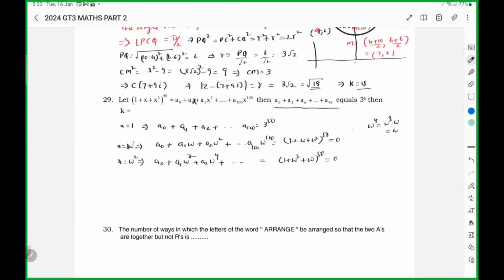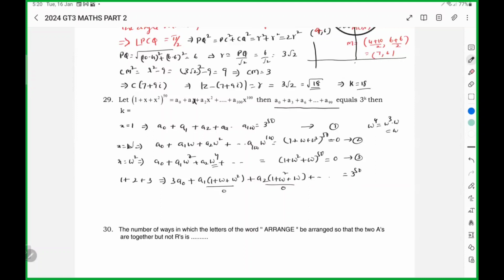So now say this is 1, 2, 3. 1 plus 2 plus 3, 3A0. Omega power 4 is omega. It is 0. It is 0.